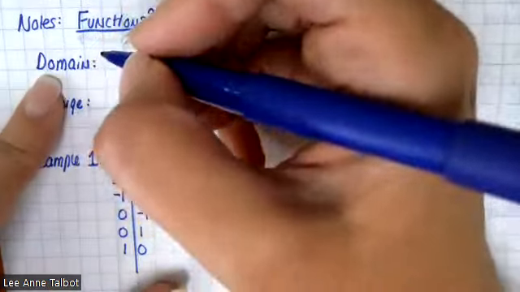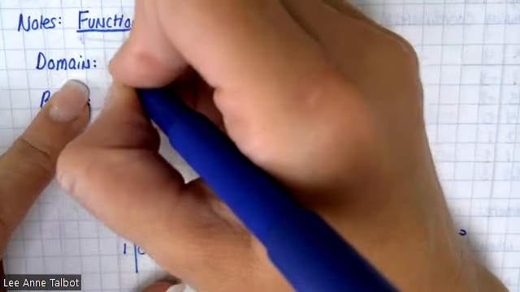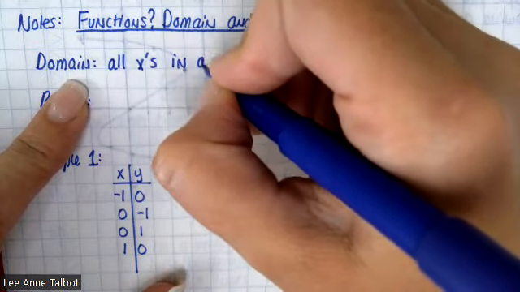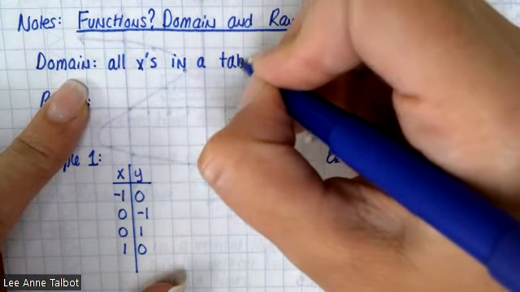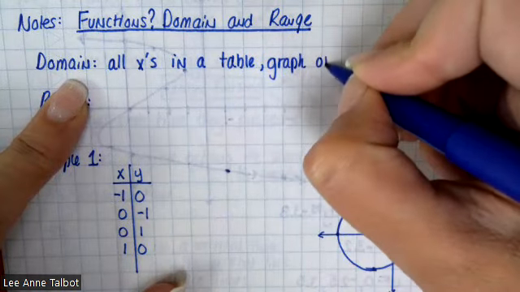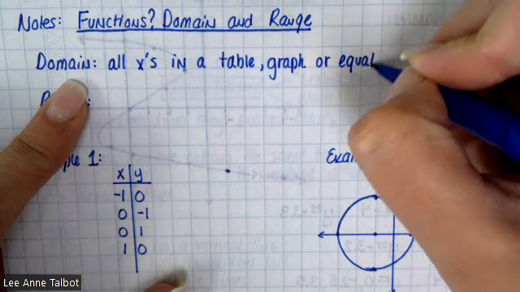Alrighty, let's write our definition. The domain is all x's in a table, graph, or equation.